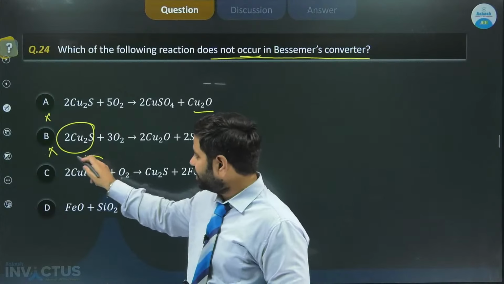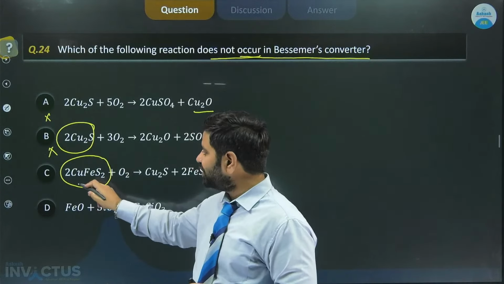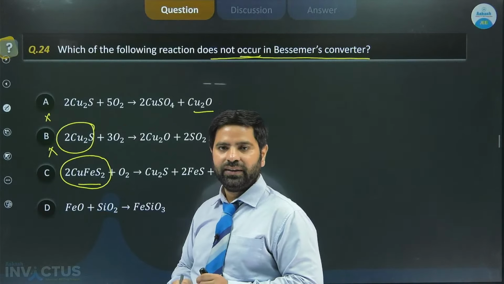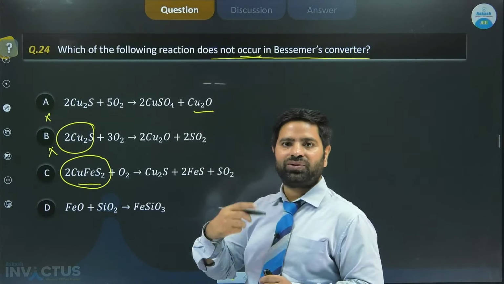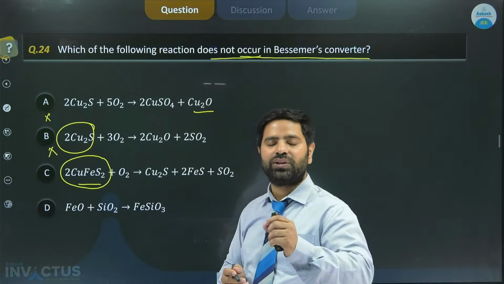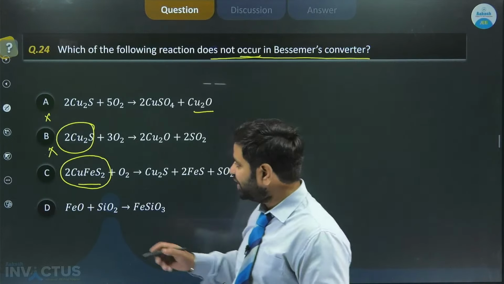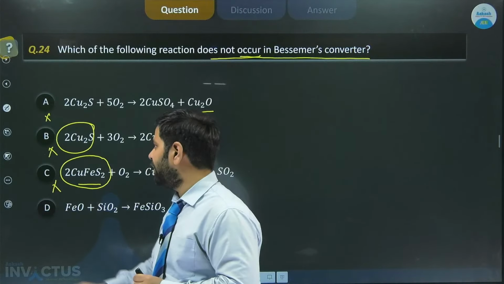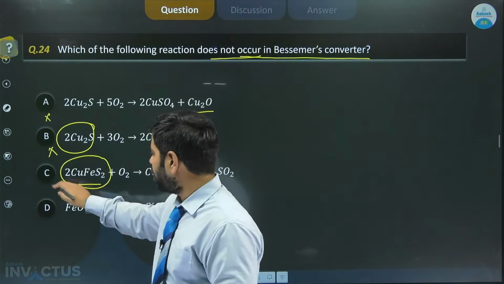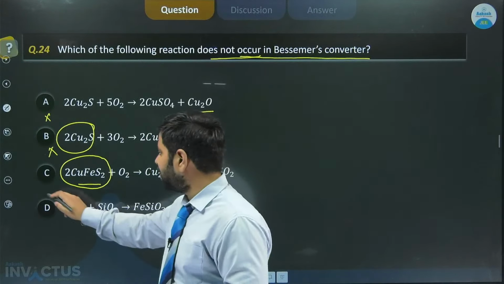But this reaction is basically of a mixture of copper sulfide and iron sulfide, and this is the partial oxidation. In the Bessemer converter we use complete oxidation, so this reaction cannot happen there. We have to choose the one that does not occur, so according to the question this is the correct option.